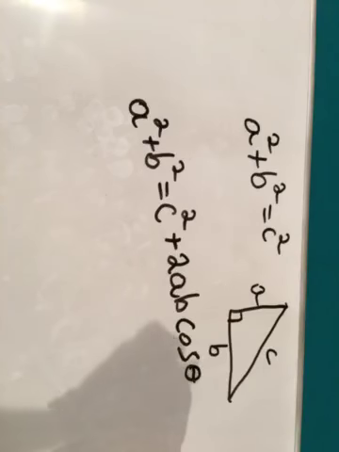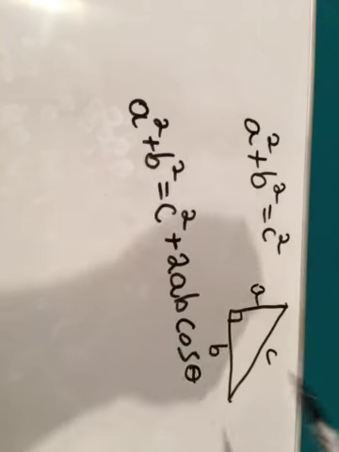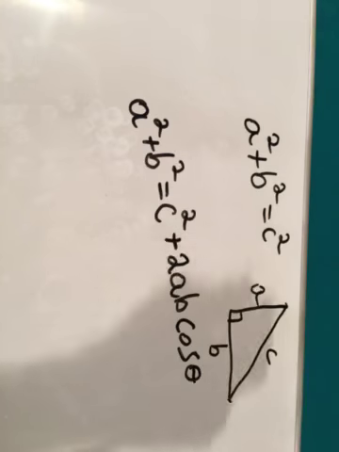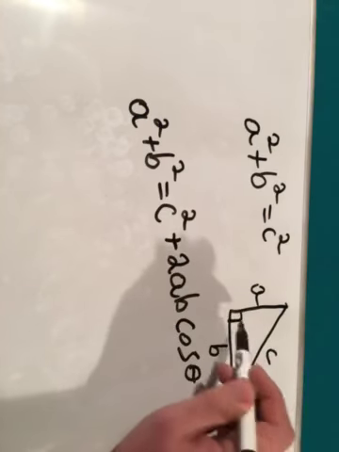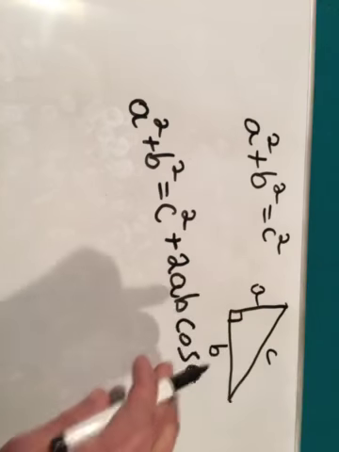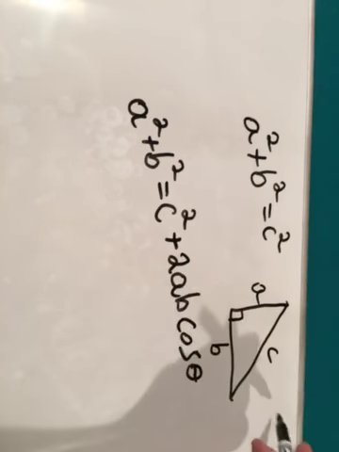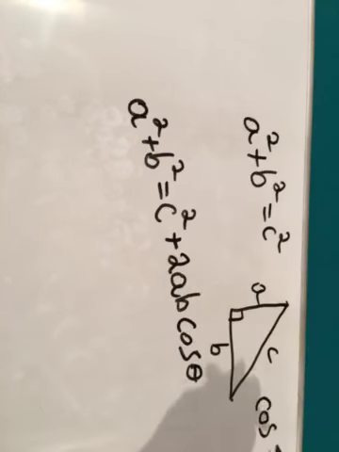Well, in a right triangle, the angle between A and B has to be 90 degrees, right? The angle between A and B has to be your right angle. So what is the cosine of that angle? Well, it's the cosine of 90 degrees.